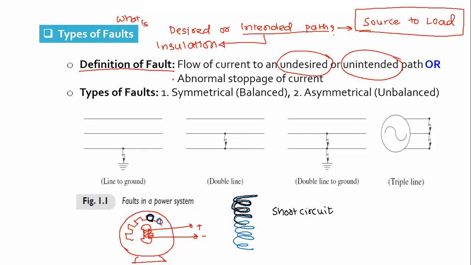So likewise in a transformer also we have winding, where we insulate the winding from the core on which it is placed. In transmission lines we use an insulator string to isolate the phase conductor from the cross arm. This is called the cross arm.